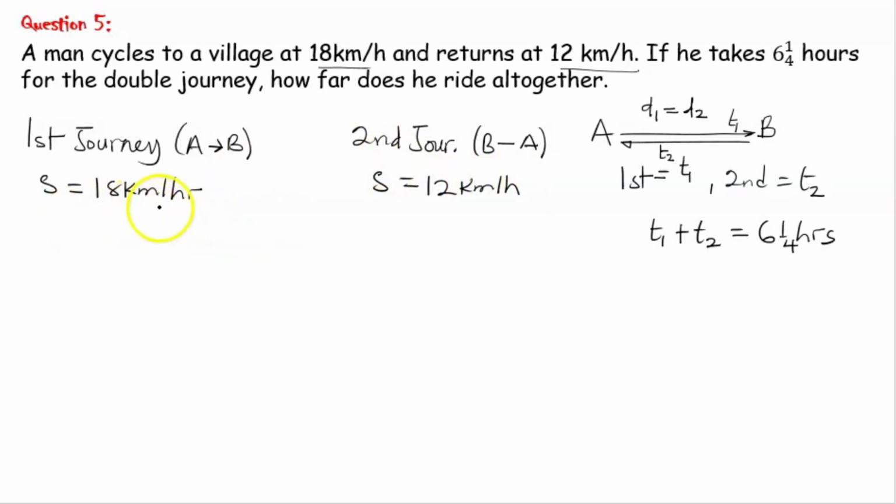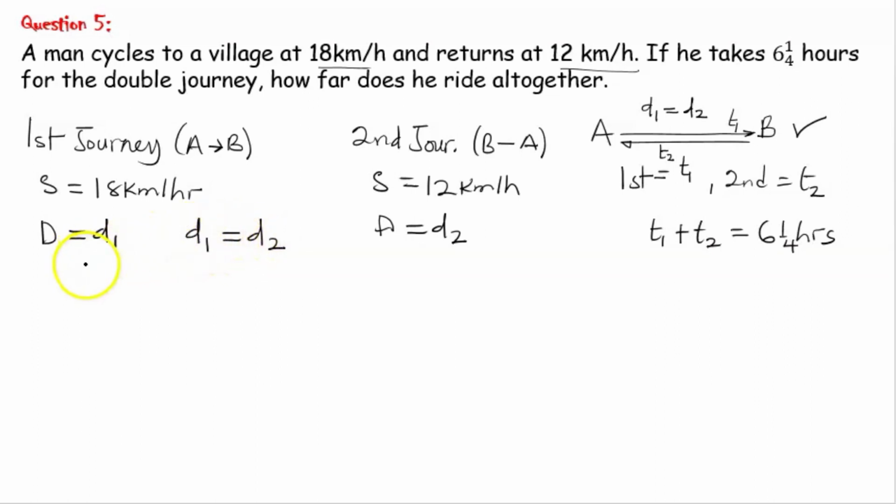But from what we have established here, the distance is the same. So the distance, if I denote it by D1, and the distance here by D2, of course, I'll have my D1 equal to D2, since the distances covered did not change.